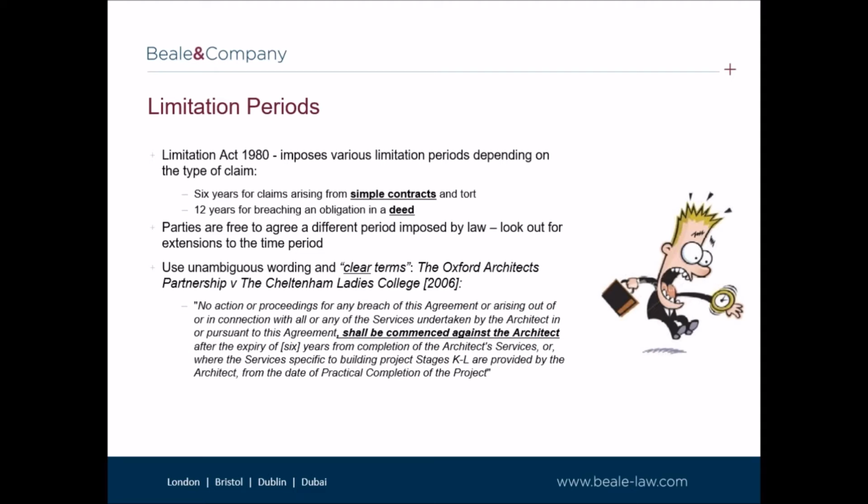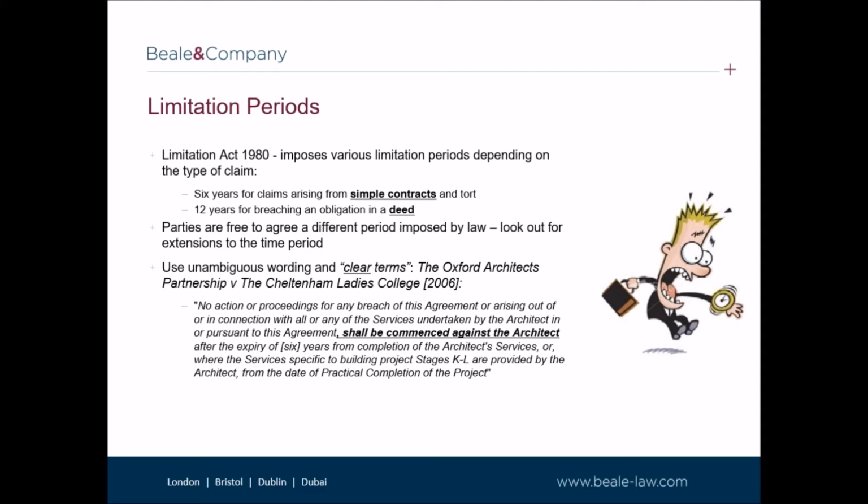Under the Act, actions for breach of contract and torts such as negligence must be brought within a period of 6 years for a contract, and then 12 years if the contract is executed as a deed. These time periods begin either on the date on which the breach of contract occurred or the date the negligent act or omission occurred.